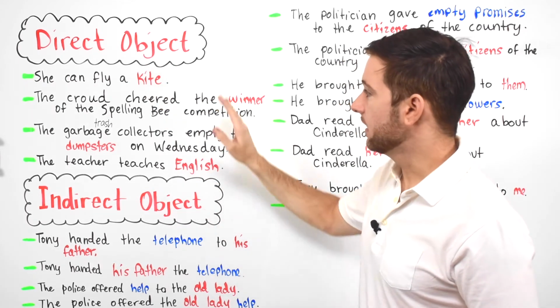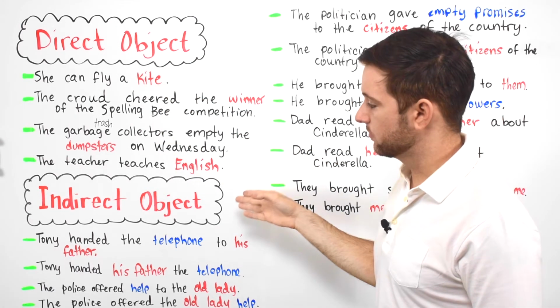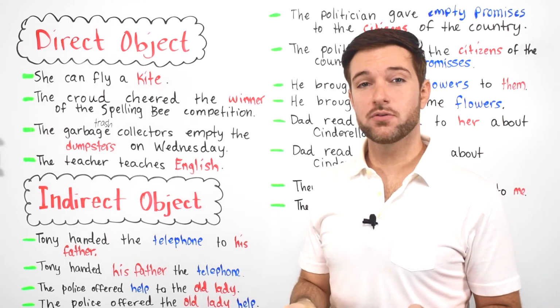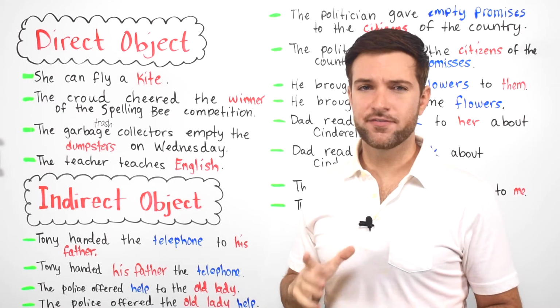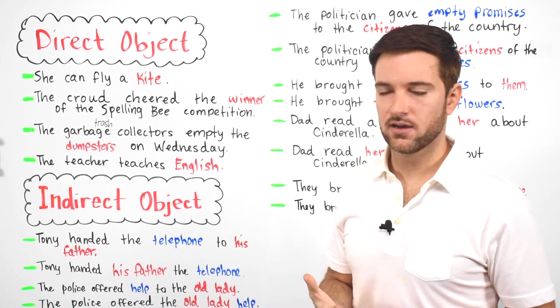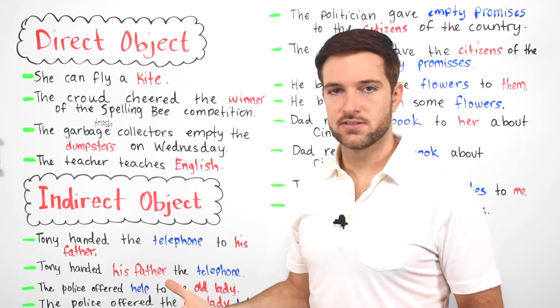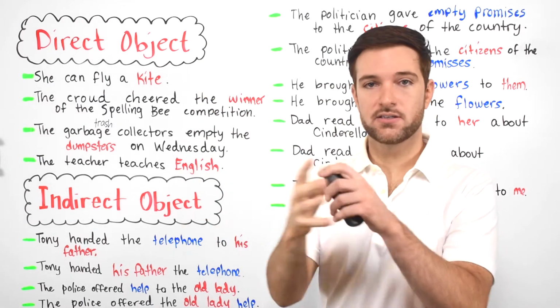Okay, all right guys, so now that we've seen a few examples here with direct objects, let's turn our attention to indirect objects. We're going to look at a few examples with indirect objects. They're very easy to find, to spot, because they can even coincide with a direct object in a sentence. So oftentimes you'll see an indirect object and a direct object together.